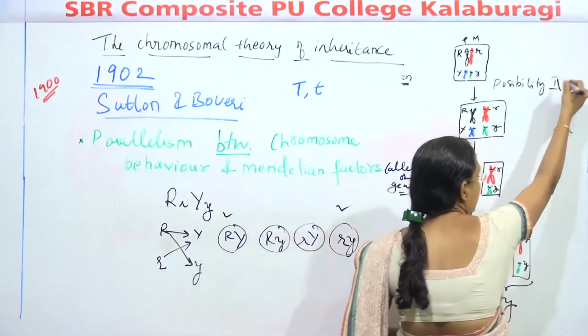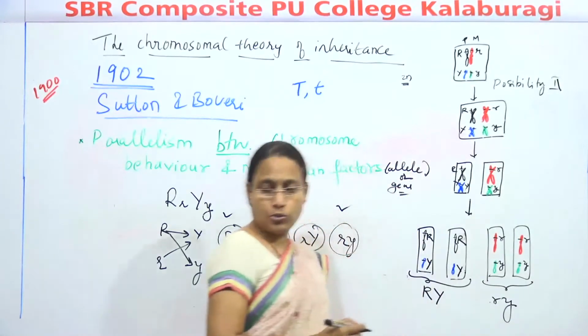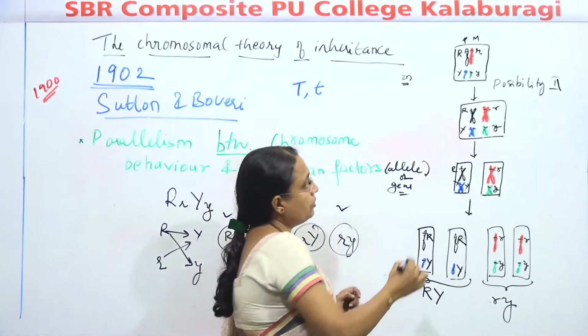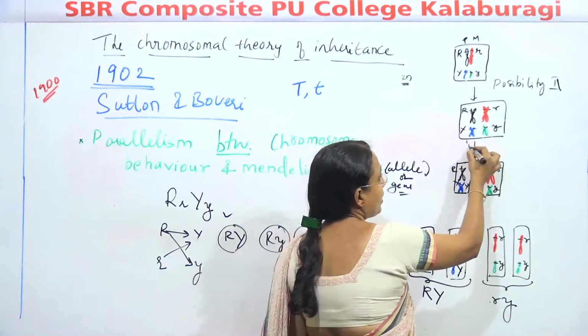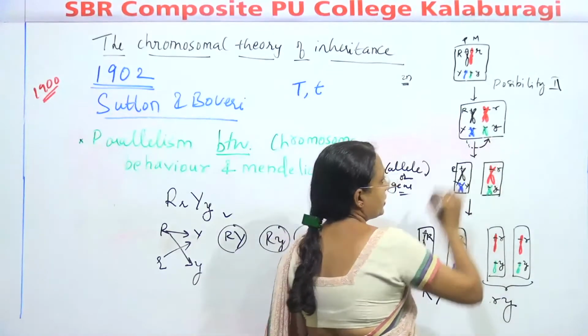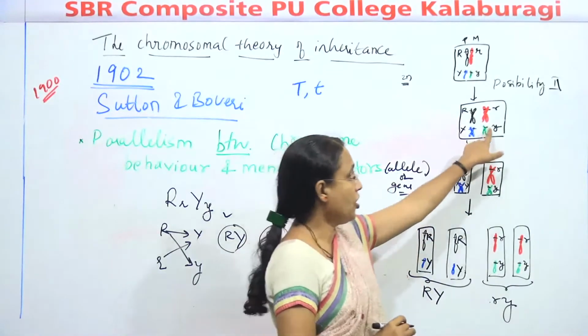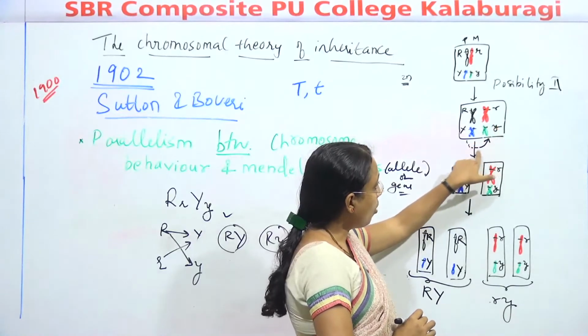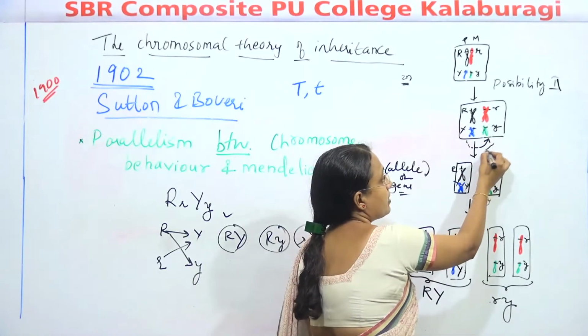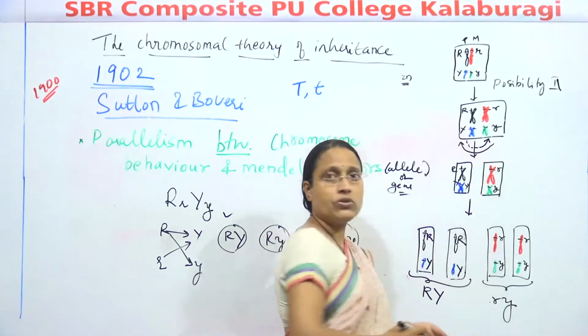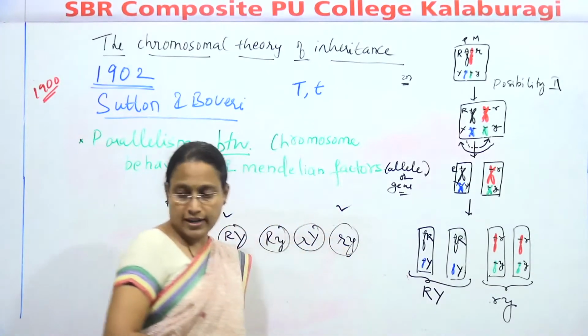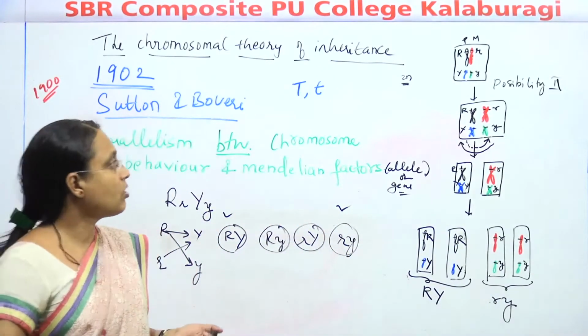Now I will come to possibility 2. In possibility 2, bigger Y gets arranged here and smaller y gets arranged here. This flipped position is called independent assortment.